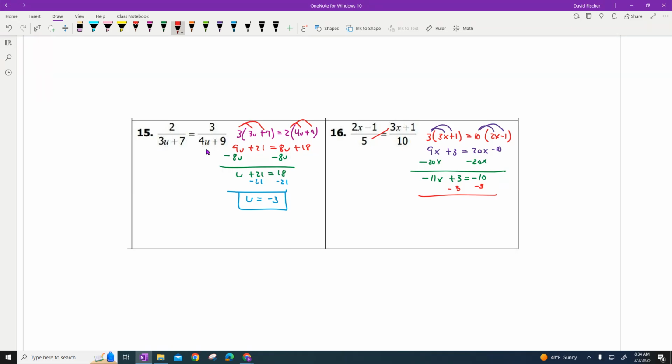Let's see what I did. 9x, that's plus 3. Did I write the math problem right? Yeah. 20x minus 10, minus 20, minus 20. Oh, there's my problem. This is 9. No, that's 11x's. Oh, I see my problem. Oh my goodness. This was a 5 right here.